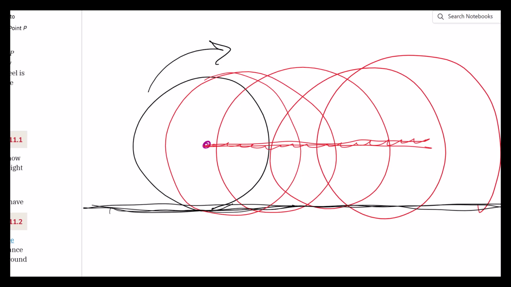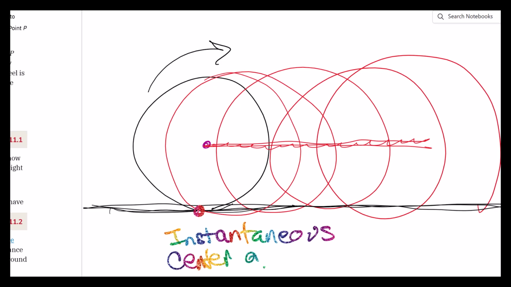Now, for reasons way beyond the scope of this course, every time the wheel rolls a little bit more, this part down here is called the instantaneous center of zero velocity.